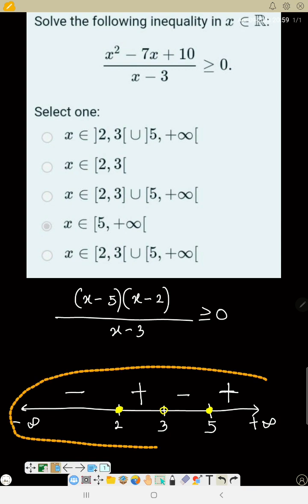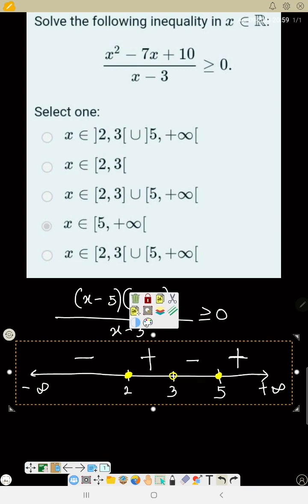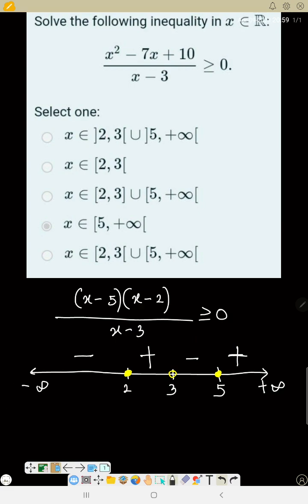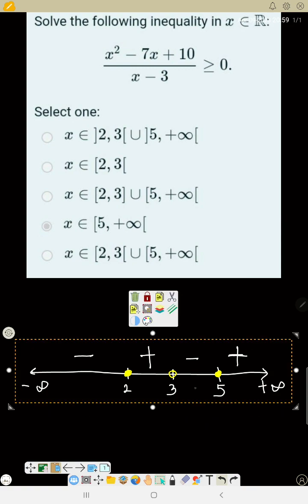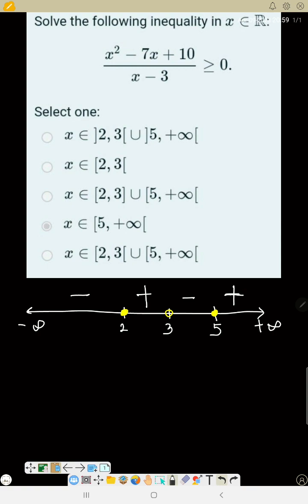So what is now our result? From this interval, let me remove this. So this means that for infinity, whether positive or negative, is always open.